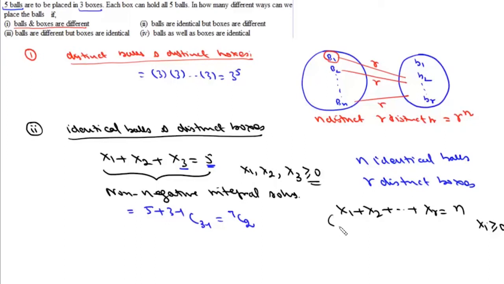We need to find the number of non-negative integral solutions. The number of non-negative integral solutions in this case is given by n plus r minus 1, C, r minus 1. So this is how we distribute identical balls in distinct boxes.